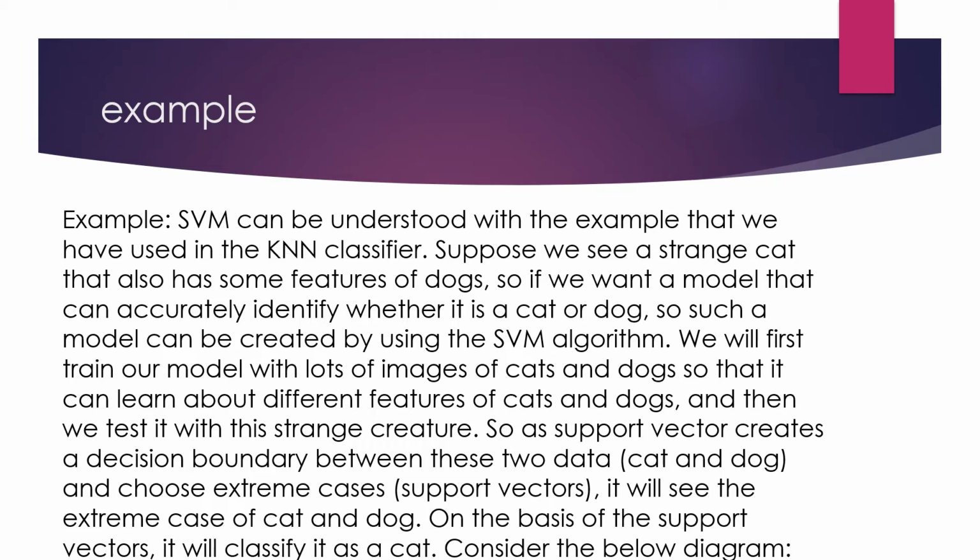We will first train our model with lots of images of cats and dogs so that it can learn about the different features of cats and dogs, and then we test it with the strange creature.